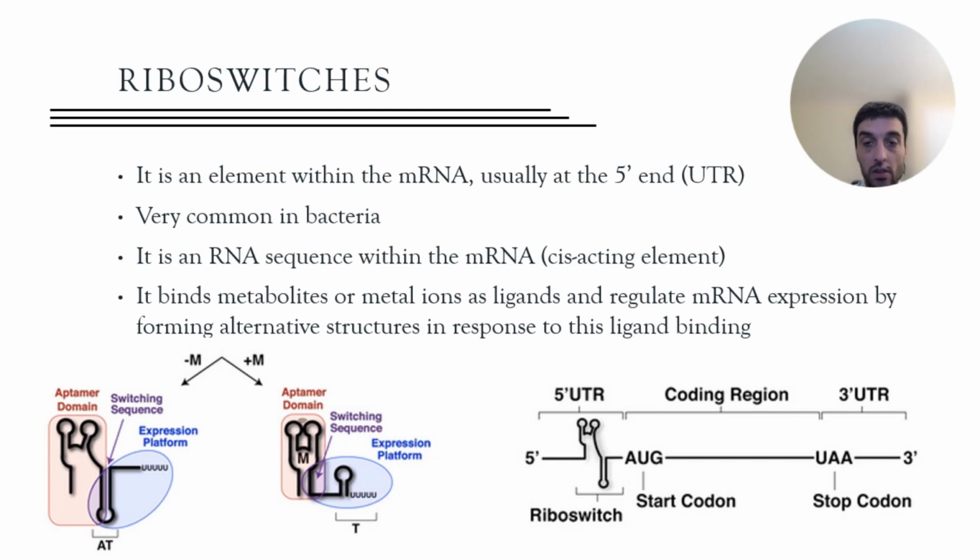This folding happens by binding with metabolites or metal ions, and that's how it is regulated. It's called a riboswitch just because it's like a switch that can be turned on or off. Okay, as I said, it's a very common way in bacteria to use a riboswitch as a mechanism to regulate translation.